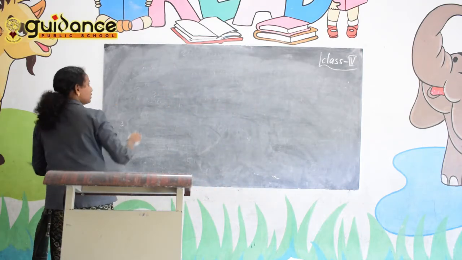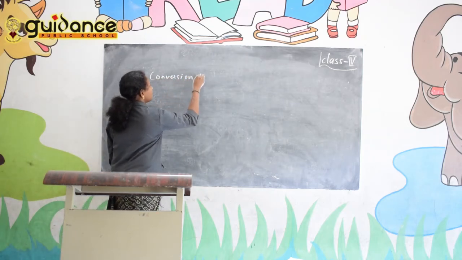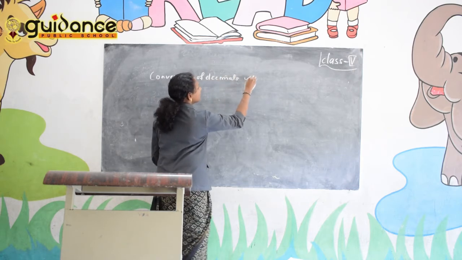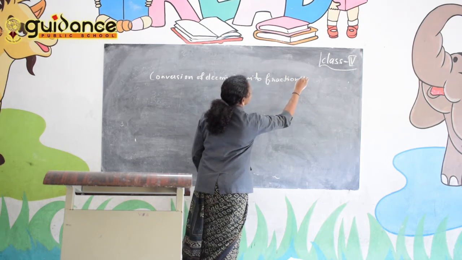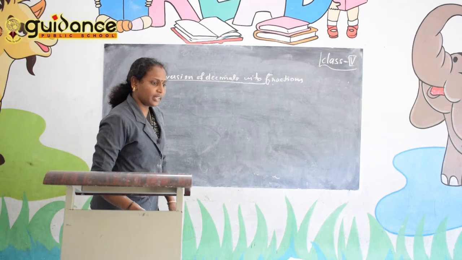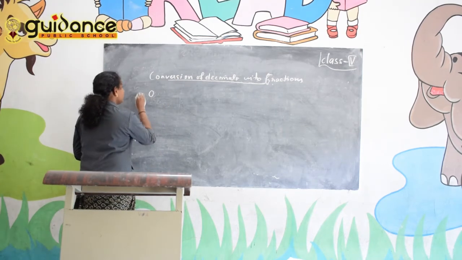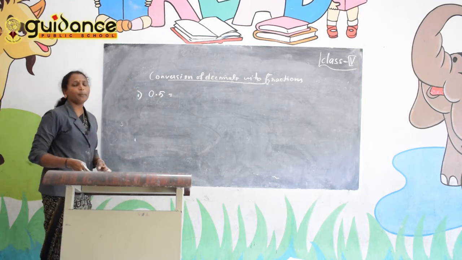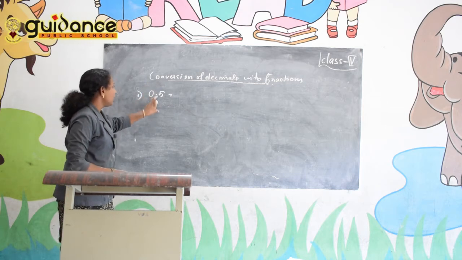Conversion of decimals into fractions. The first question is 0.5. Look at this, very easy.